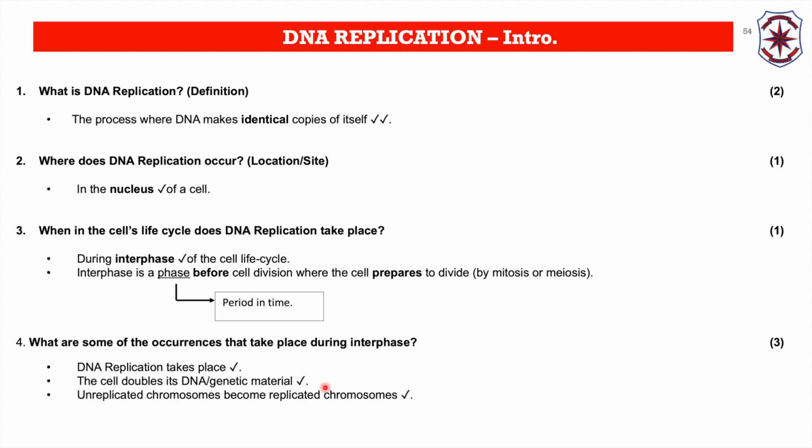Why? Before we go to the why, unreplicated chromosomes, guys. Still remember this from lesson 1. Unreplicated chromosomes will become replicated chromosomes. So as the cell prepares to divide, DNA replication takes place.